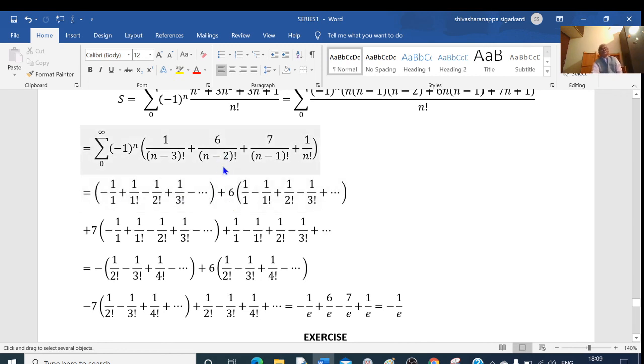Plus here also 6 into 1 minus 1 by 1 factorial plus 1 by 2 factorial minus 1 by 3 factorial and so on. Here n starts with 2, so the first term is positive. Next here n starts with 1, therefore the first term will be negative. 7 as it is, minus 1 by 1 plus 1 by 1 factorial minus 1 by 2 factorial and so on. Plus the last term starts with 0 itself: 1 minus 1 by 1 factorial plus 1 by 2 factorial minus 1 by 3 factorial and so on.